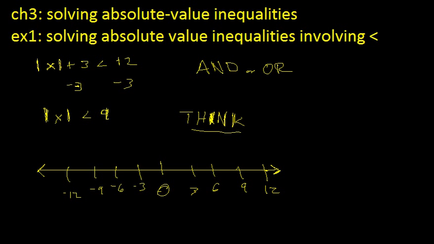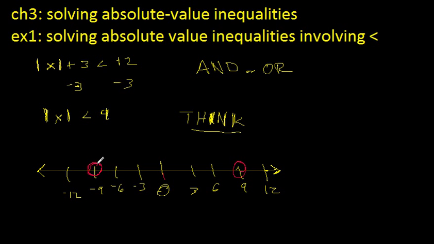Again, the thing we're thinking is x to 0 is less than 9 units. So the furthest I can be out from 0 is 9 units on either side.